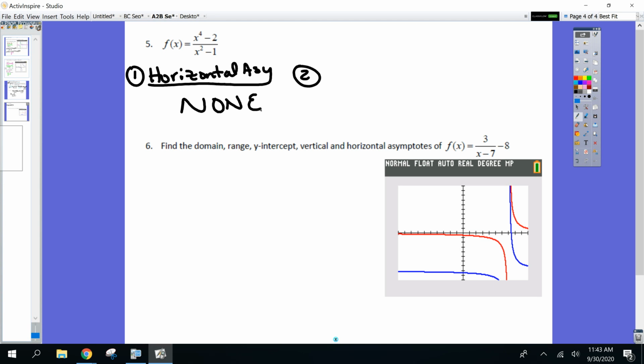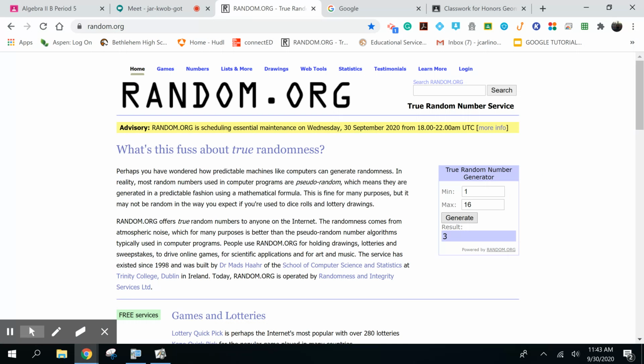Y-intercept. Go ahead and go. I'm leaving the vertical one to last for a reason. Y-intercept 0, comma, woohoo. Here we go. Hi, Liz, when you're ready.